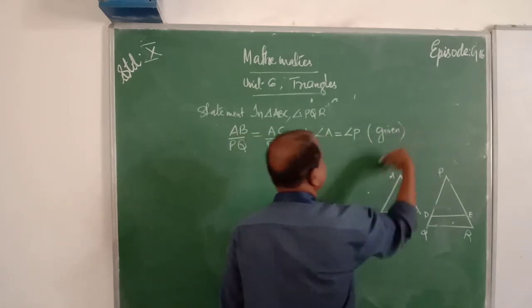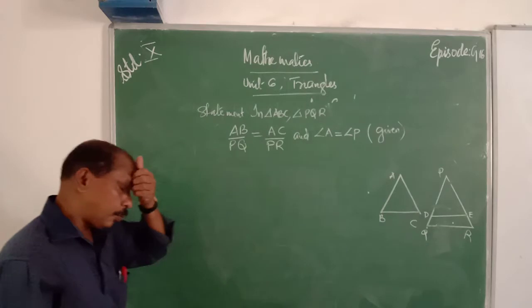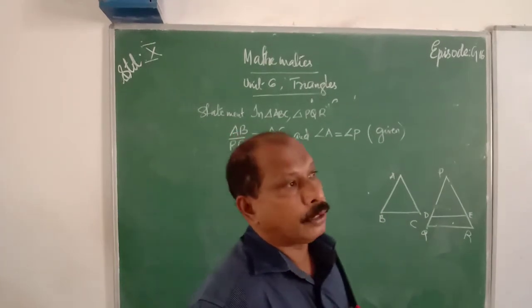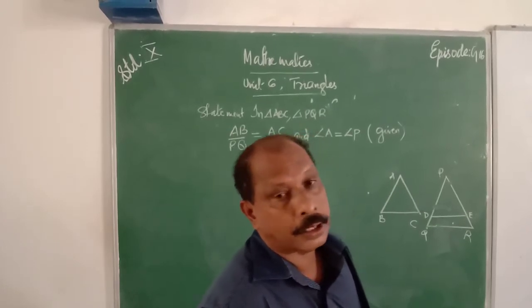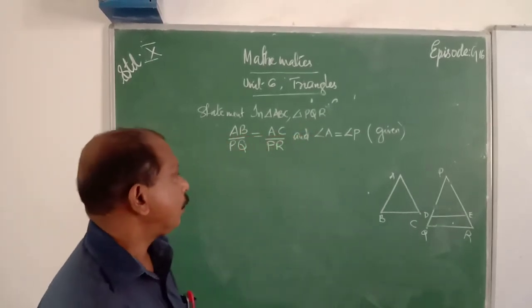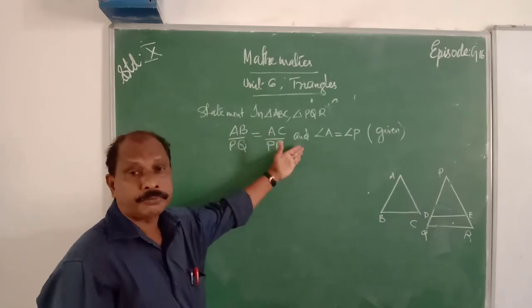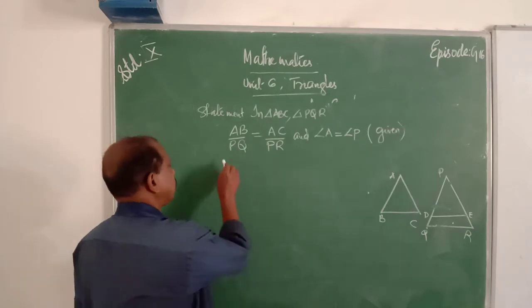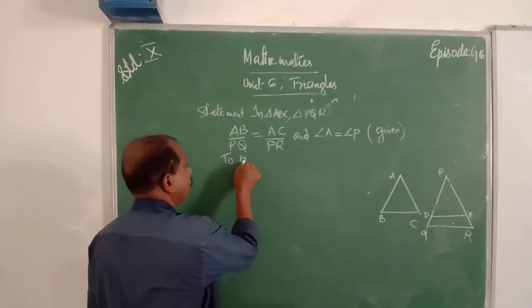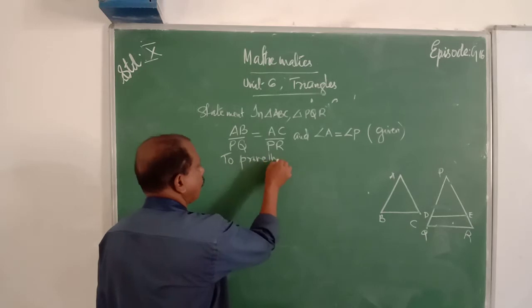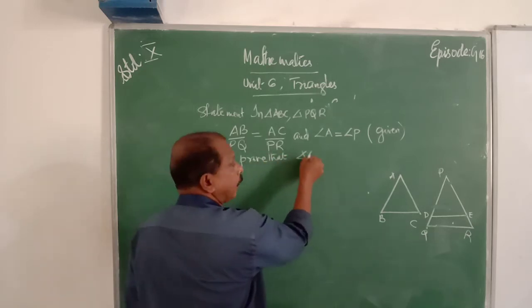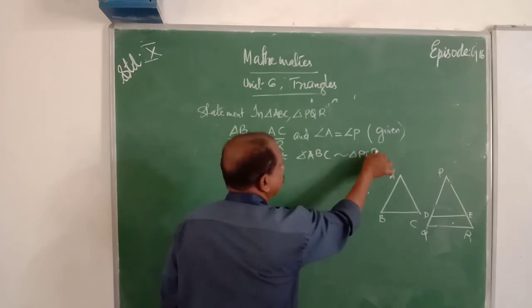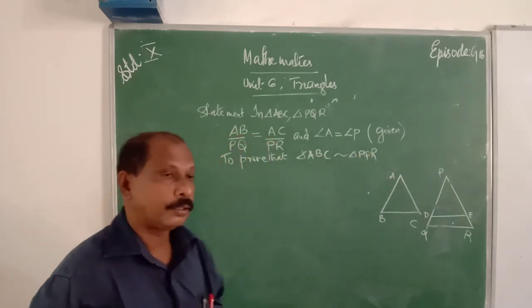That means two sides of a triangle are proportional to the corresponding two sides of the other triangle, and the included angles are equal, then they are similar. These two conditions of the triangles are given. We have to prove that triangle ABC is similar to triangle PQR. That is our next theorem.